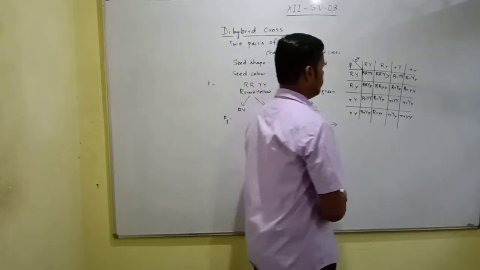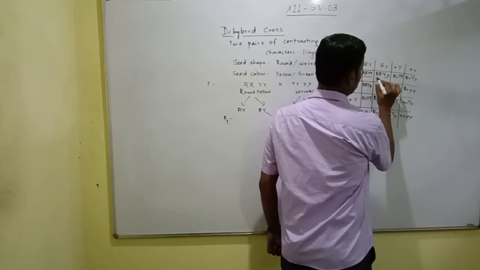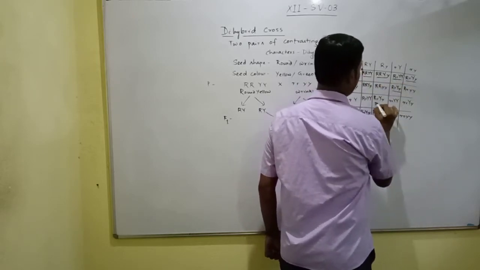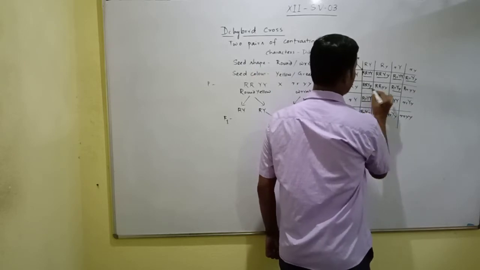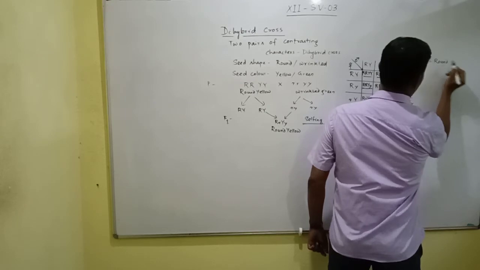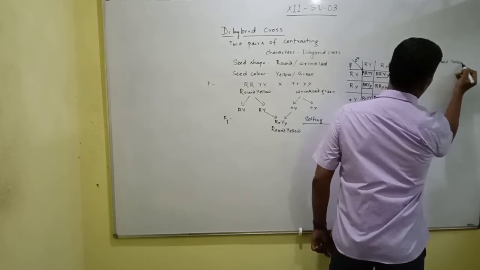And what will be the phenotypes? Round yellow, round yellow, round yellow. 1, 2, 3, 4, 5, 6, 7, 8, 9. 9 round yellow.